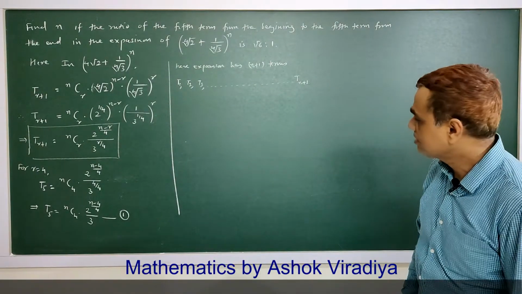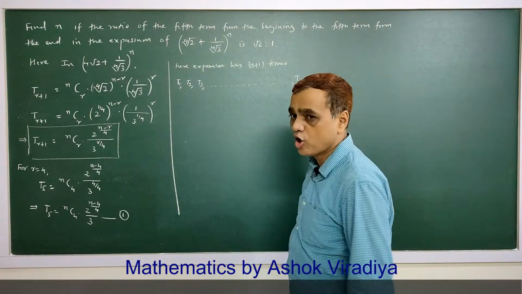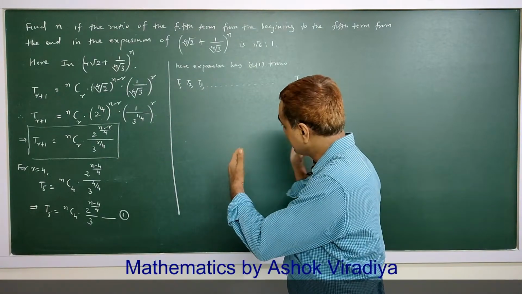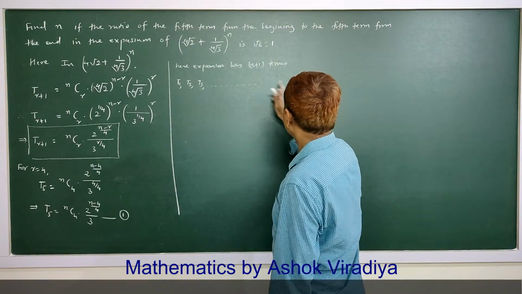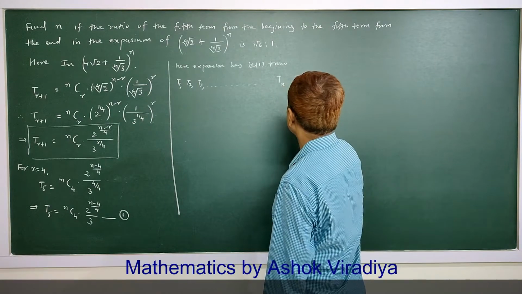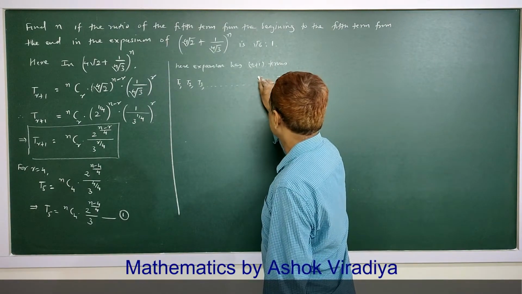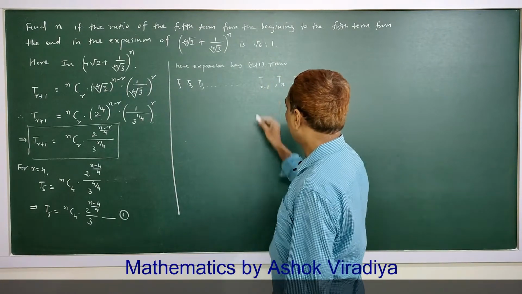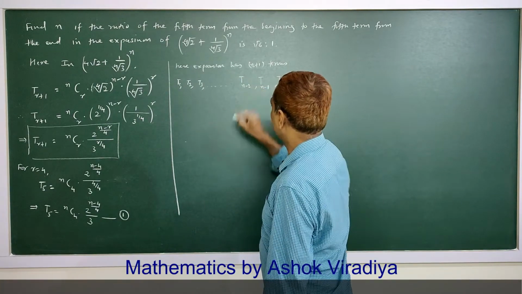Now let us observe what is the order of the fifth term from the last. This is the last term. Then the second last term will be t n, because this is t n plus 1. Third last will be t n minus 1. Fourth last will be t n minus 2.